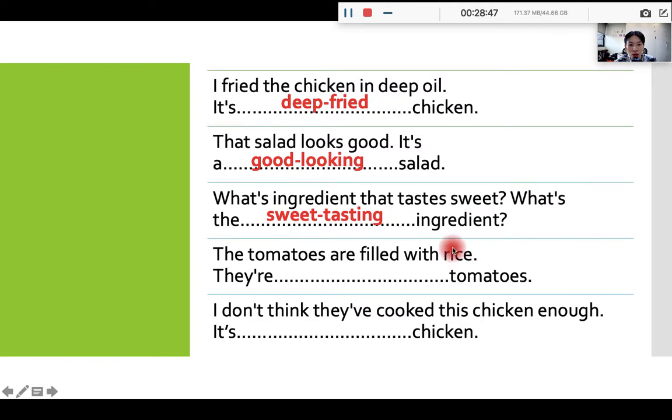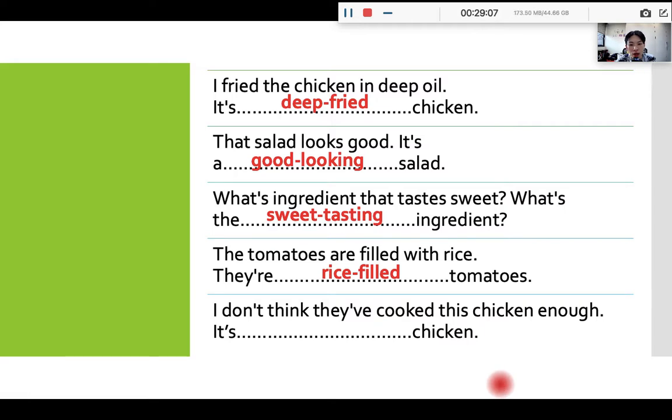Number 4, the tomatoes are filled with rice. So usually we don't see rice in the tomatoes. People fill rice into the tomato. So this is passive. So you will use the past participle: rice-filled. And then, I don't think they've cooked this chicken enough.